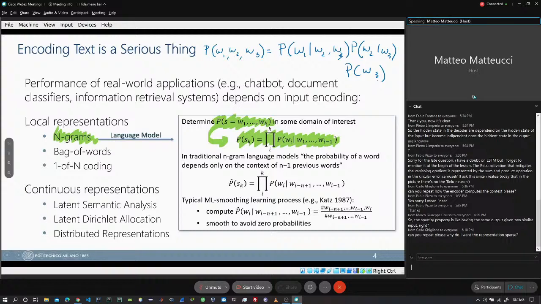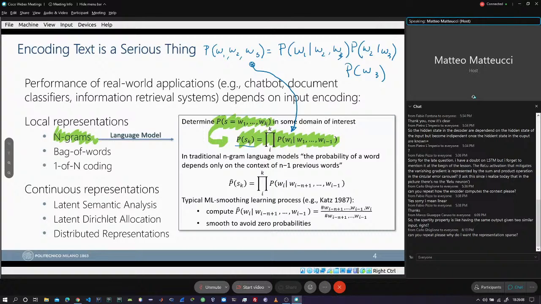Notice that this is exact. It is an exact factorization. So basically, this exact representation is what is written here. The probability of a sequence is the product of the probability of a word given all the previous ones, and so on and so forth.